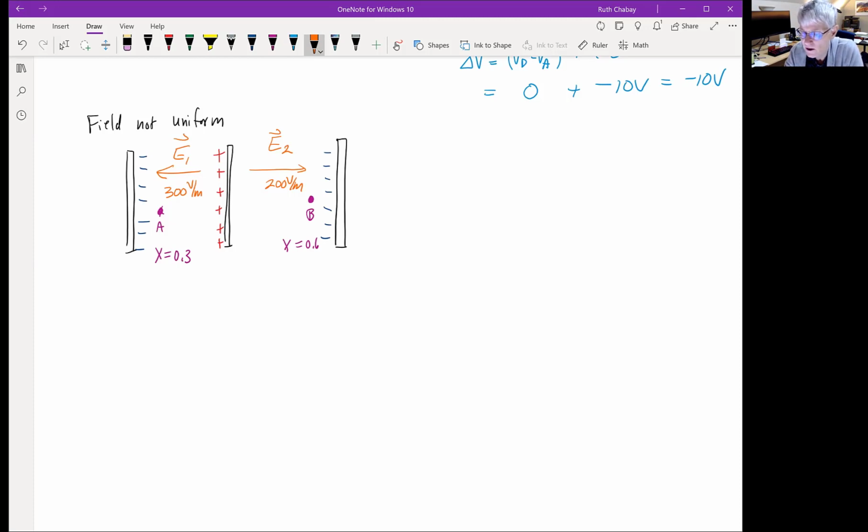So how would we calculate the potential difference between A and B?